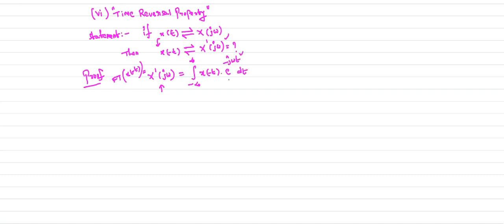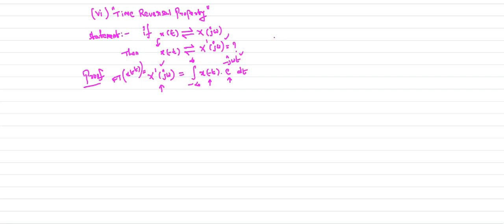No need to change this formula; e power minus j omega t is the factor given in the formula. Correspondingly the Fourier transform is x dash of j omega.